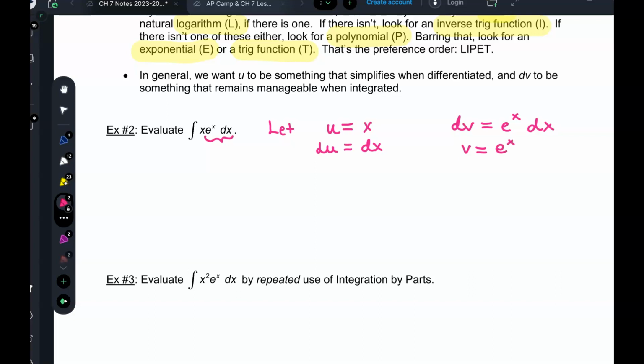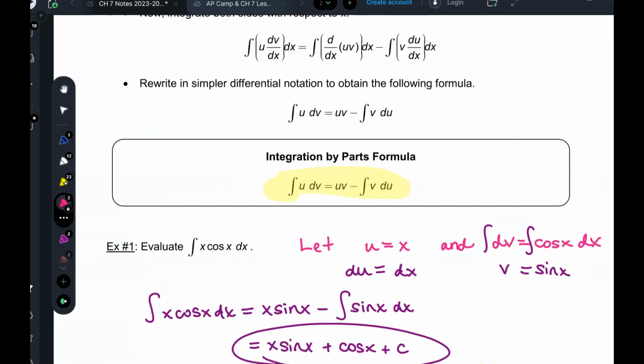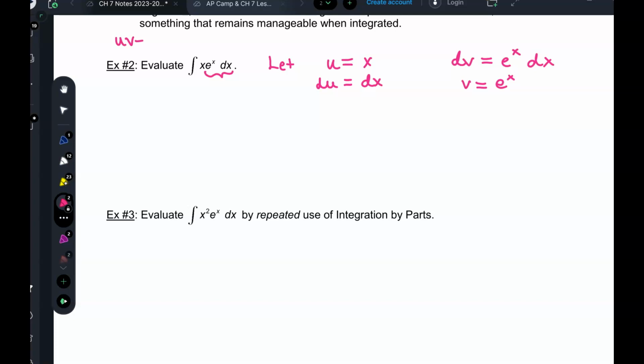Good. So uv minus the integral of v du. Look back at the previous page if you forgot. So go ahead and rewrite that integrand into those separate parts. Right, that's our formula.